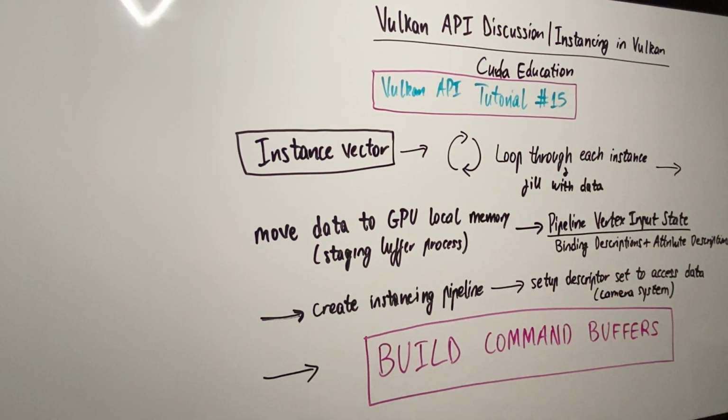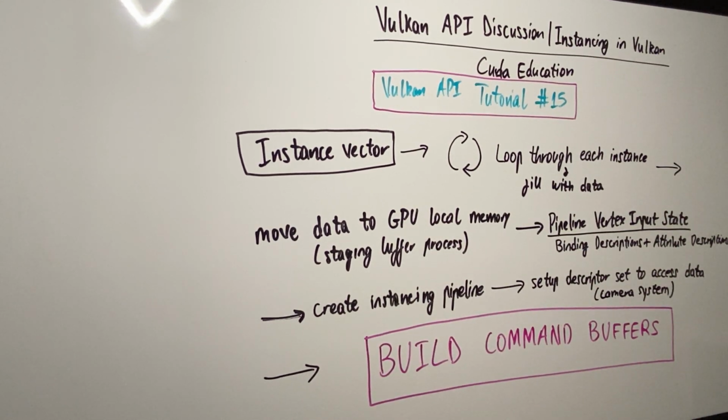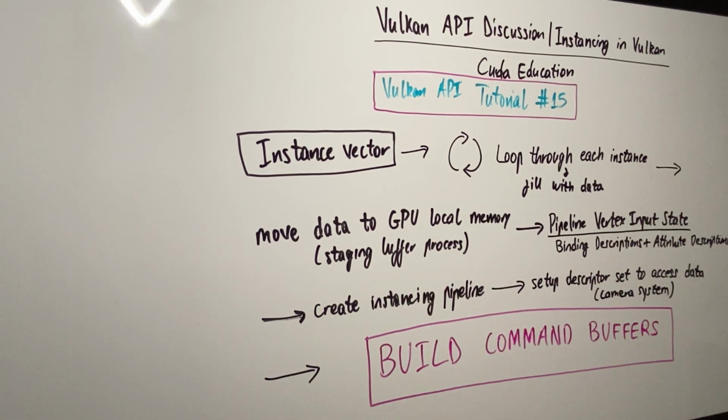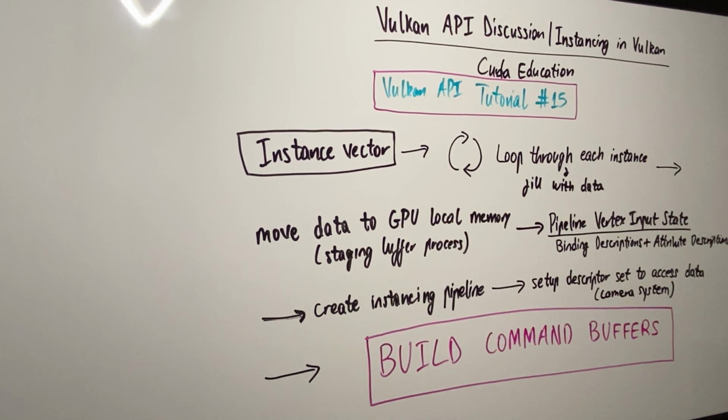Remember, guys, the descriptor sets is mainly concerned with being able to access and update information on a per frame basis. So 60 frames per second, 90 frames per second, 100 frames per second.